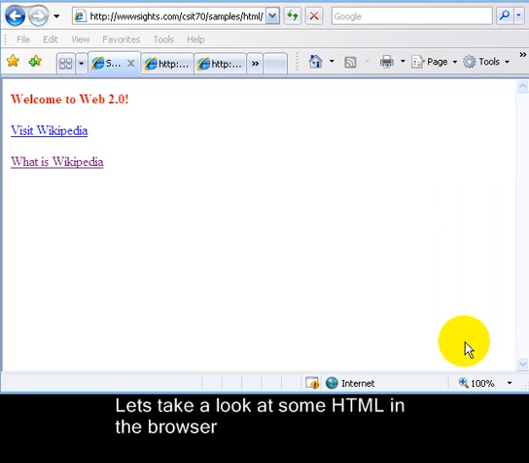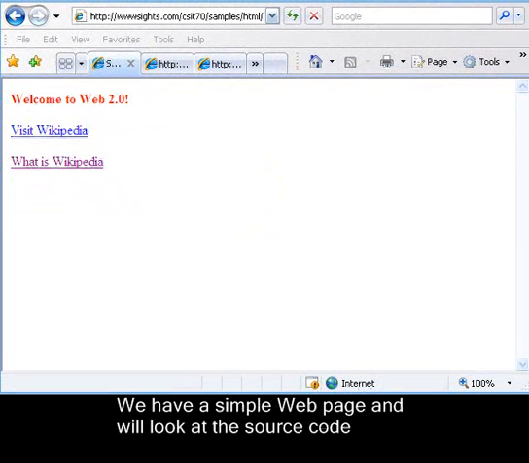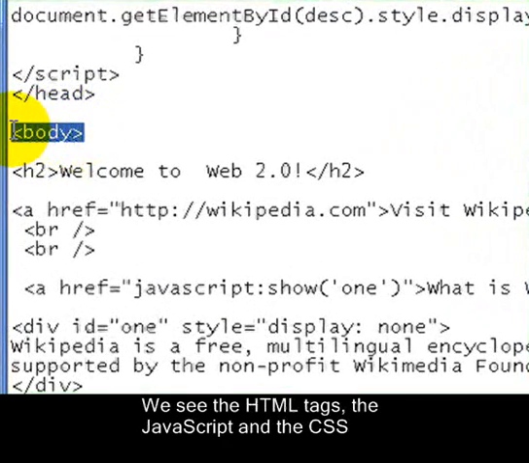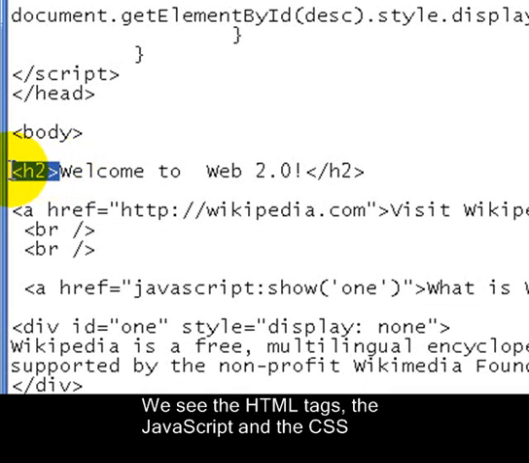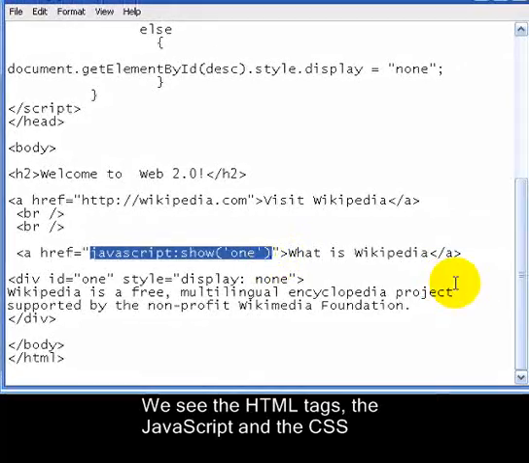Let's take a look at some HTML in the browser. Here we have a very simple web page, and if I look at the source code of this web page, I will see I have some HTML tags. I will also see that there is some JavaScript code.